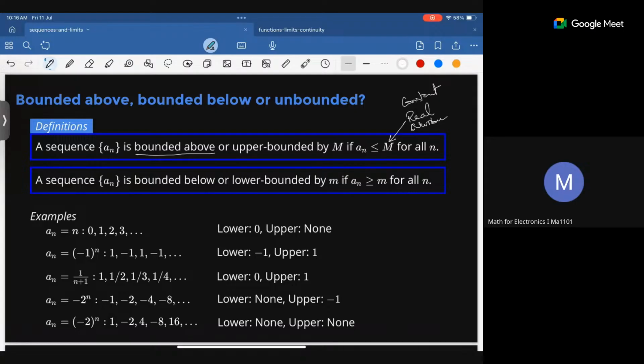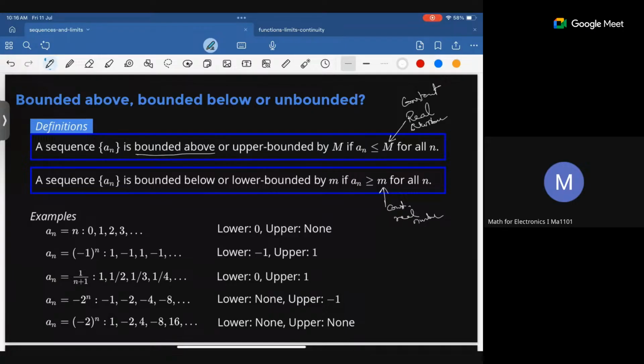And again, contrarily, bounded below means all my sequence terms are greater than or equal to some real number small m. So again, this is also a constant real number. Okay, so if all my term values in my sequence are greater than or equal to small m, that means none of my terms are going below this small m. Therefore, my sequence is bounded below.